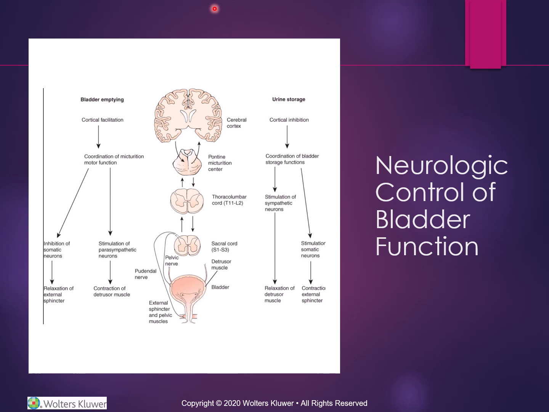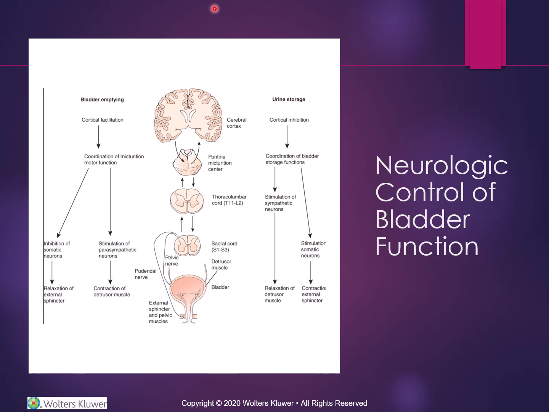So as bladder filling occurs, these ascending spinal afferent nerves relay information to the micturition center, which also receives important descending information from the forebrain. And this includes things like behavioral cues for bladder emptying versus urinary storage. Meaning, is it the right time to urinate, or do we need to hold that urine for a better time?